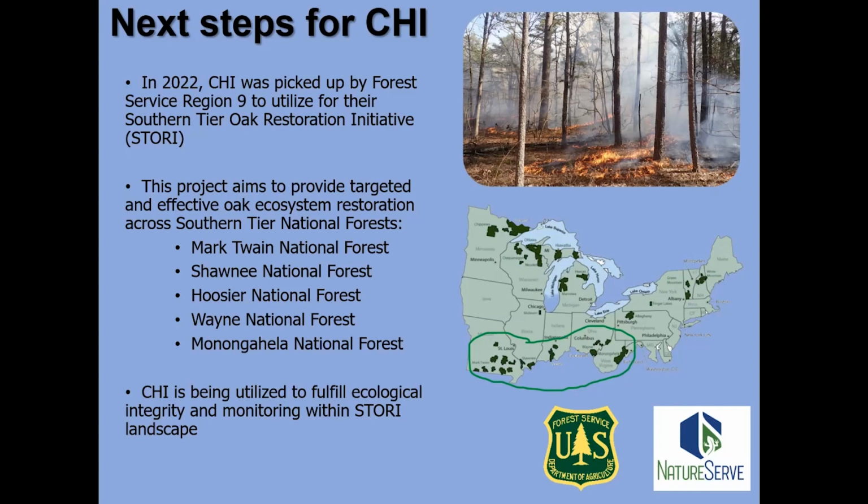You can see on the map here that this encompasses Mark Twain National Forest, Shawnee National Forest, Hoosier, Wayne, and Monongahela National Forests. This project aims to provide targeted and effective oak ecosystem restoration within these sites. And CHI is being utilized to fulfill ecological integrity and monitoring within the story landscape.